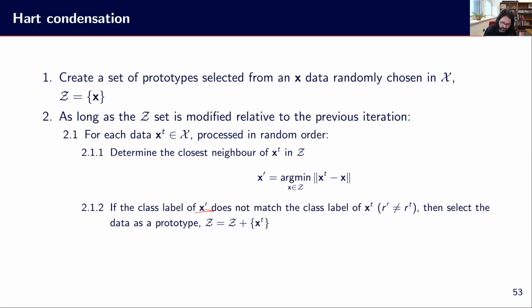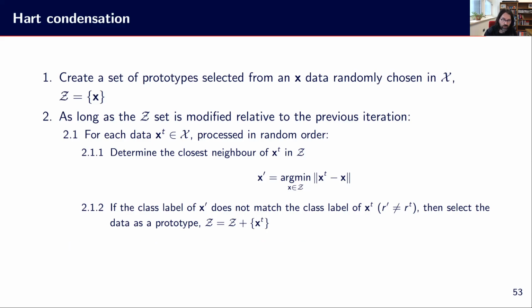So if the X prime, which is the closest to XT here, has a label that is not the label of XT, then we are selecting XT as a new sample that we will add to Z. So if the data XT is misclassified, we will add it to Z. If it is well classified, we will not add it.